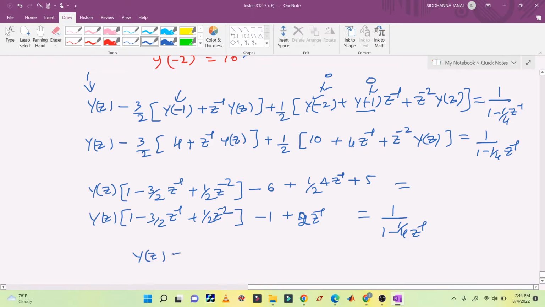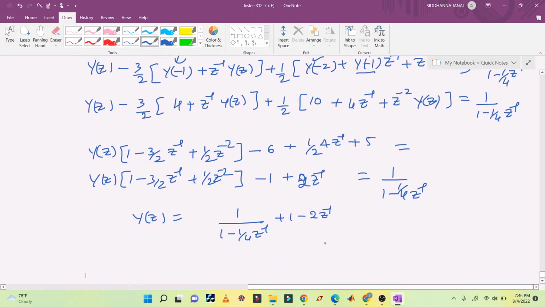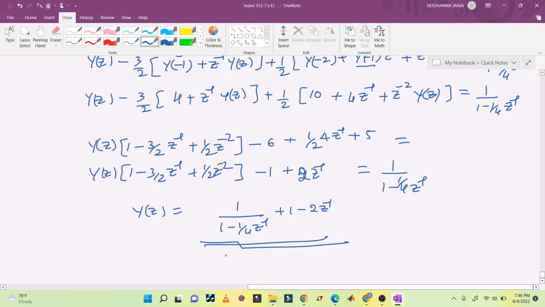So if I want Y of z, then it will become 1 divided by 1 minus 1 by 4 z inverse plus 1 minus 2 z inverse, divided by this whole term, 1 minus 3 by 2 z inverse plus 1 by 2 z inverse square. Okay, so this is what we are going to get.